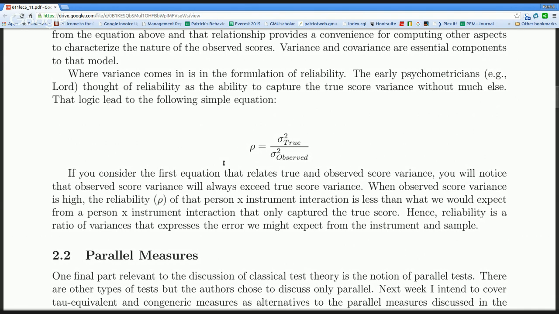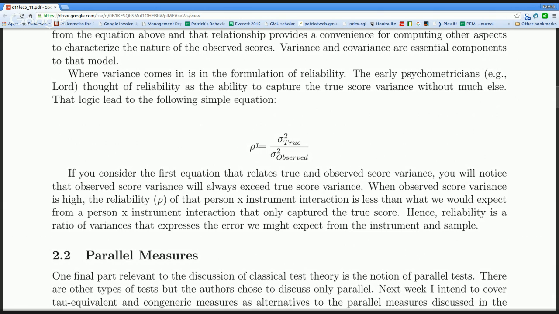And remember that observed score variability is nothing but true score variance plus error variance. So this definition, rho, and later on you're going to see it as R, but rho is what we consider to be the parameter that we wish to estimate given samples. So reliability is a ratio of variances: true score variance over observed score variance.